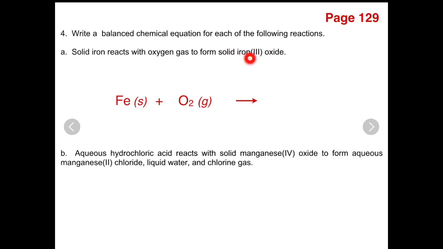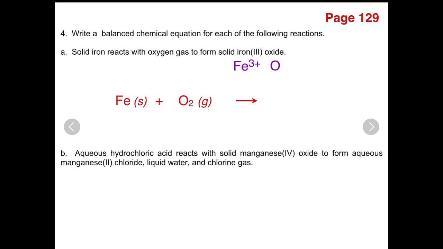Solid iron oxide. Iron is Fe, oxide is oxygen. We already know that this Roman numeral 3 indicates the charge of the iron, therefore I'm going to put iron 3 plus. Because this is a metal and this is a non-metal, you have to assign the non-metal charge as well.